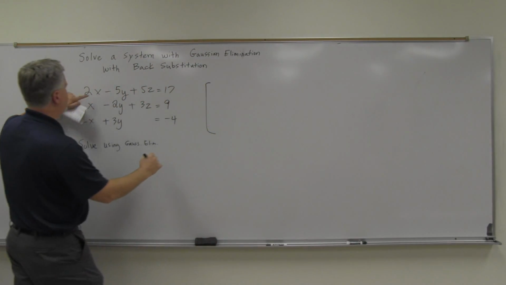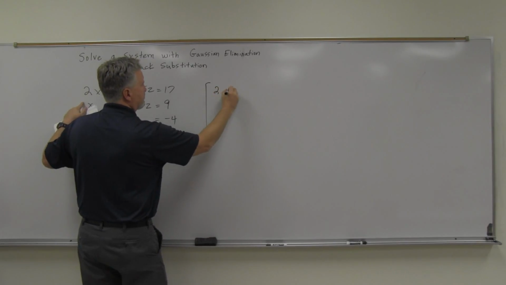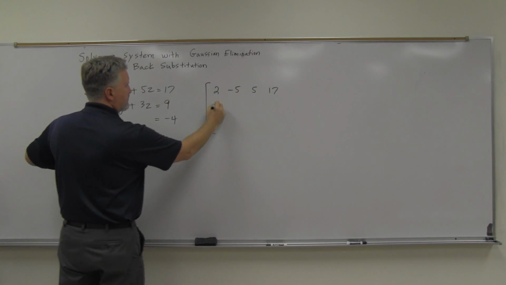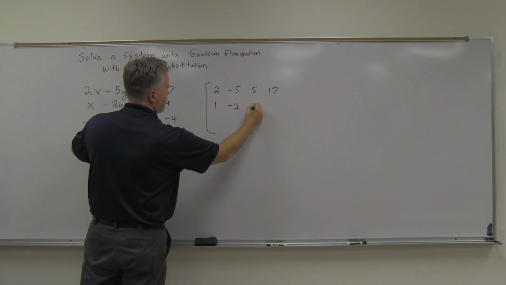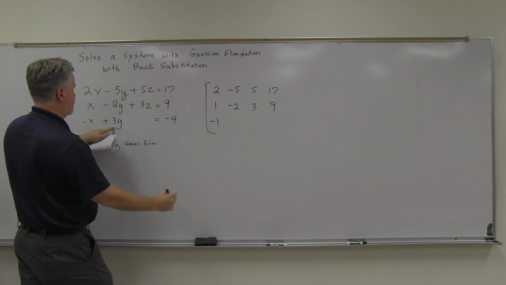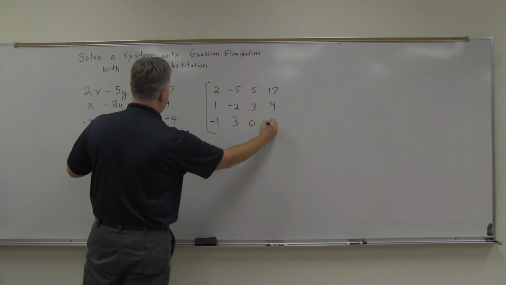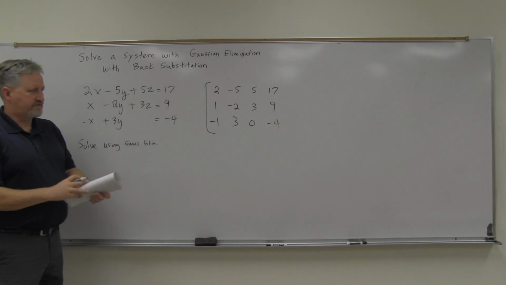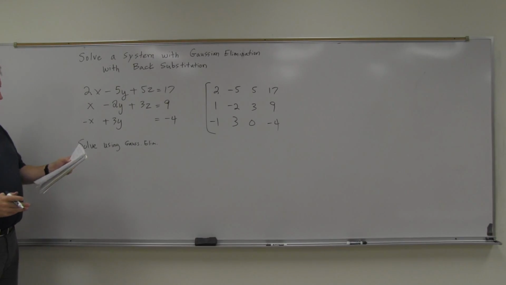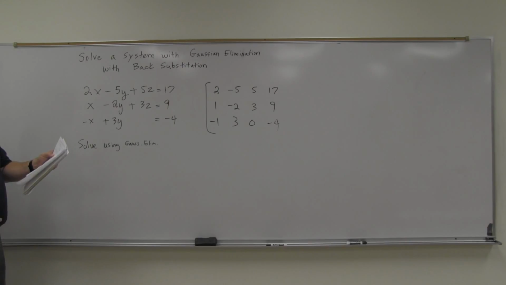We've got 2, negative 5, 5, and 17. And then 1, negative 2, 3, and 9. And then we got negative 1, 3, 0, negative 4. We don't have a z term in the bottom one, so we need to fill that in with a 0.